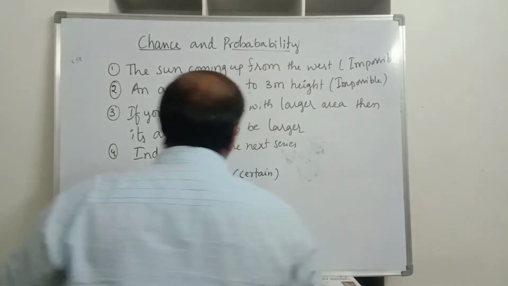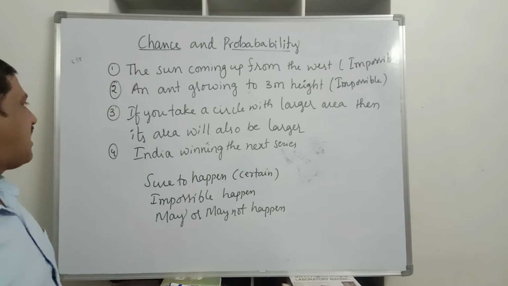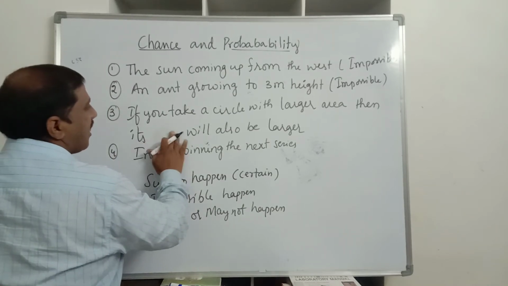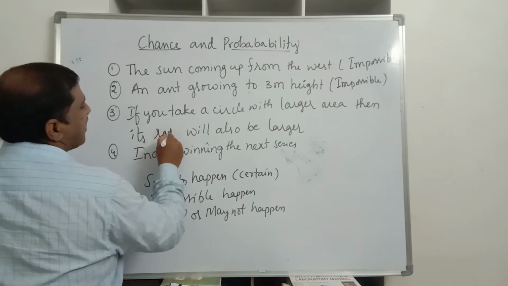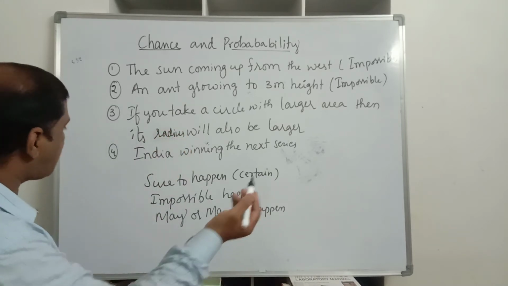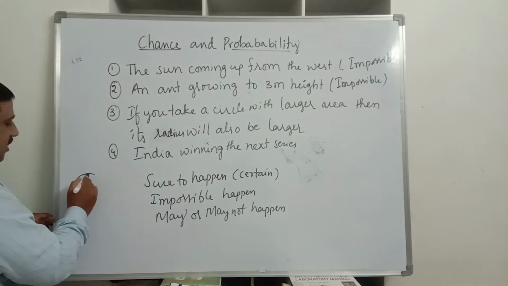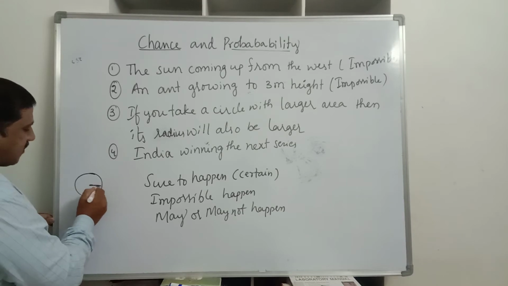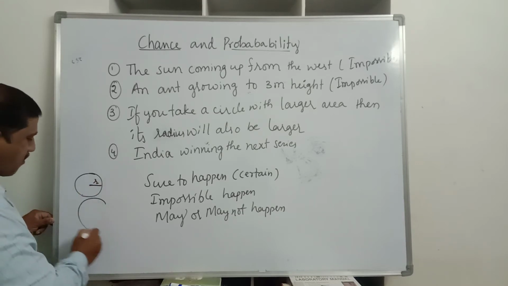If you take a circle with a larger area, then its radius will also be longer. It's a small example. You take a small circle; it will have some radius, like this is the radius R. And you take a bigger circle.